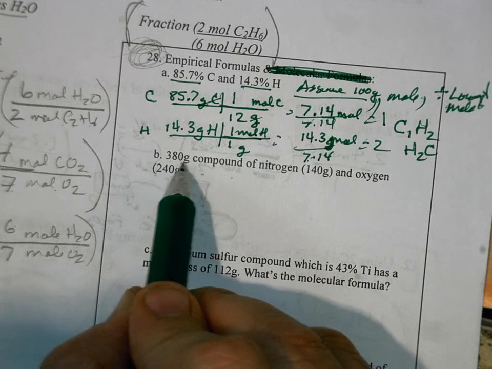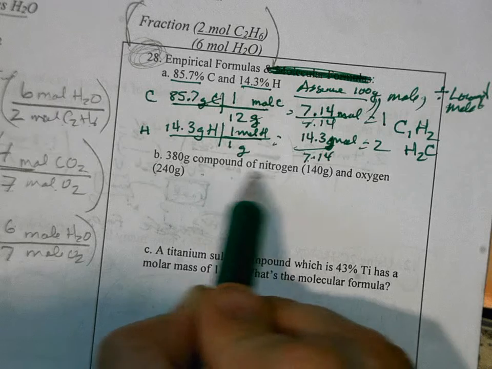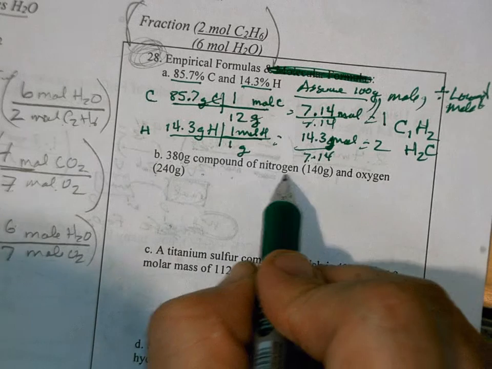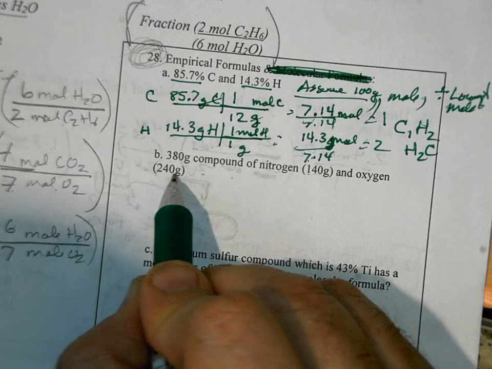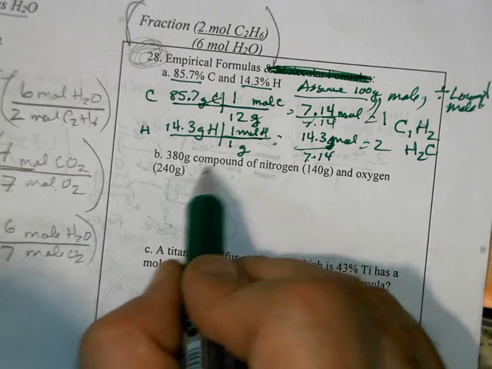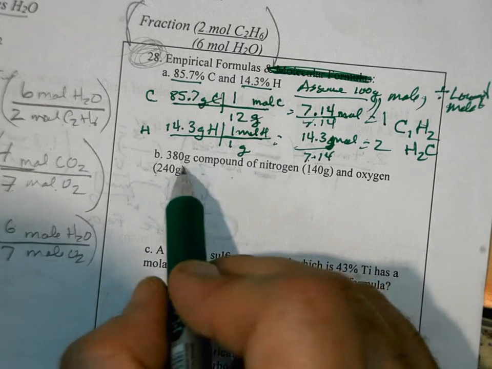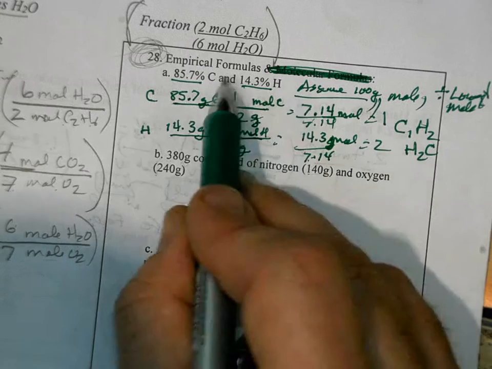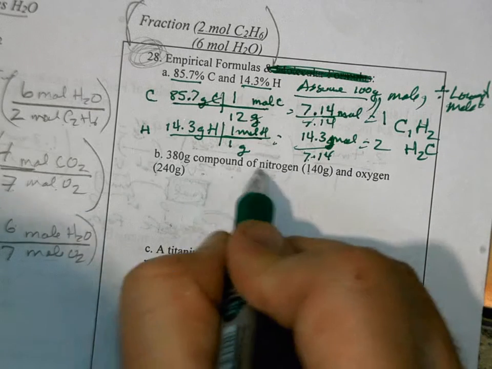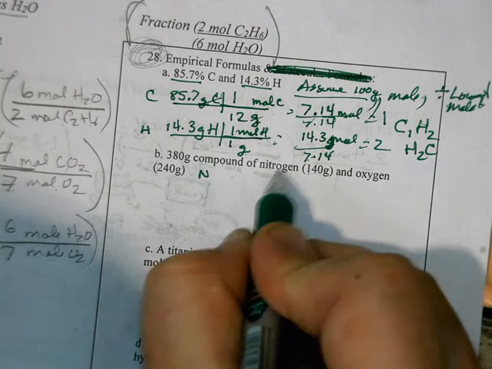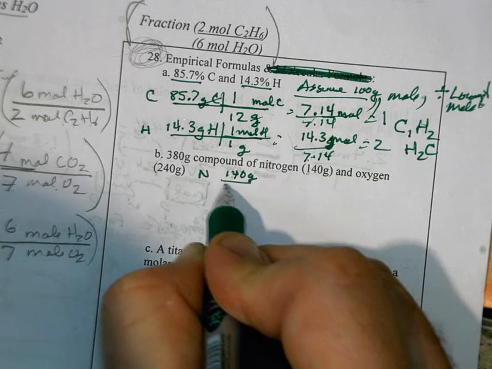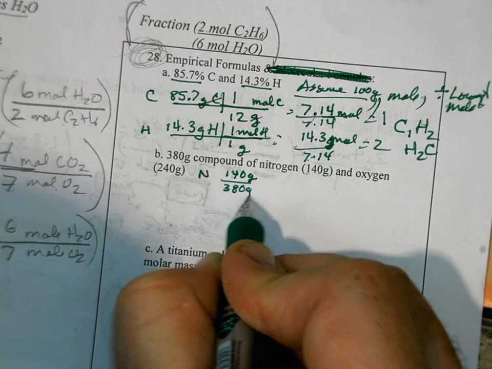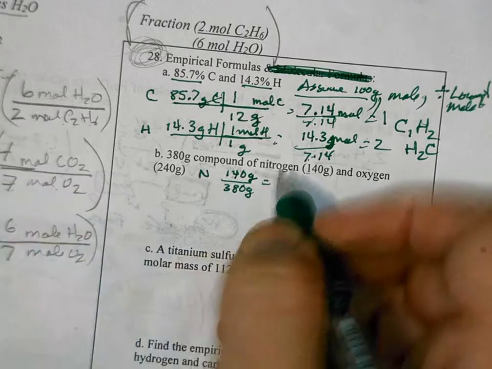Now look here. We've got 380 grams of a compound, and 140 grams is nitrogen, and 240 grams is oxygen. So what we have to do is convert that into a percent, and then it's just like we did with this one. For nitrogen, there is 140 grams of nitrogen in 380 grams of this compound.